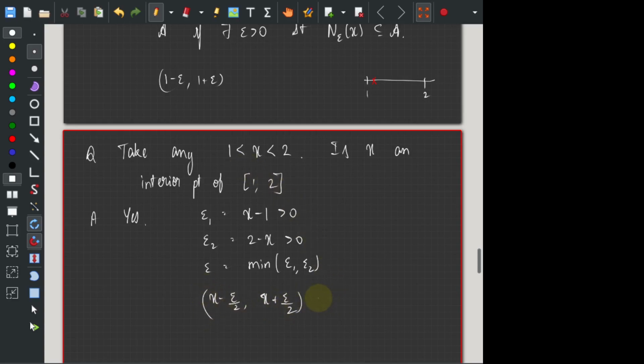This interval is certainly contained within 1 comma 2. Actually, I can take epsilon itself. That's fine.